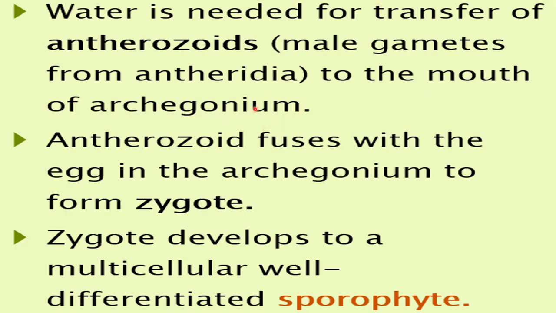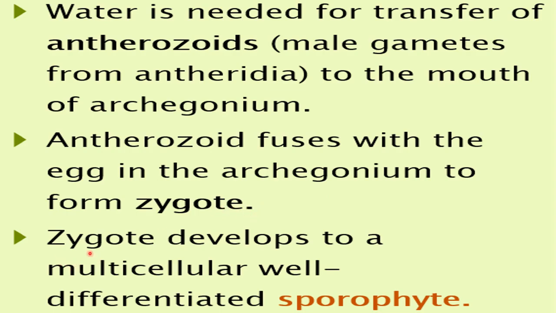because in the archegonium what is present? Egg. Archegonium is the female sex organ in which the egg is present. So for the fertilization, male gametes, meaning antherozoids, need to travel up to the mouth of the archegonium, right? Now the antherozoid fuses with the egg in the archegonium. After the traveling, the antherozoid will fuse with the egg present inside the archegonium and will form the zygote.